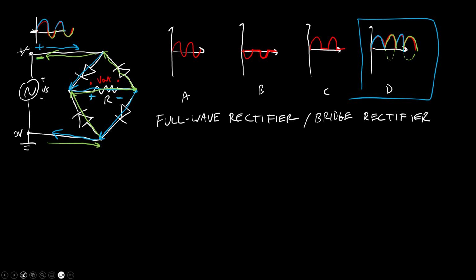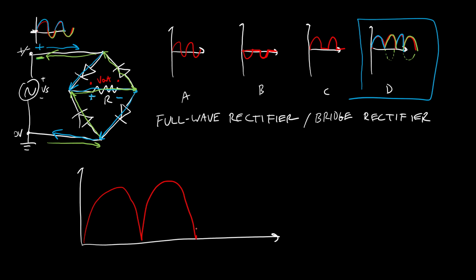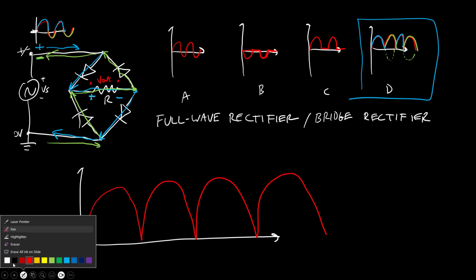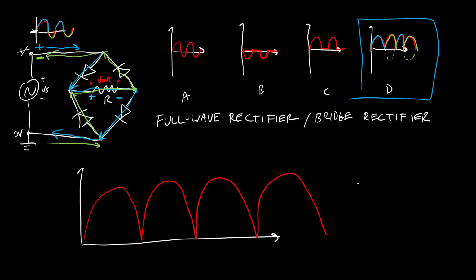We have turned everything positive, but we still haven't really made it constant. Ideally, if we want to get a constant DC voltage to do something like charge a battery or power a device that relies on DC, this is positive, but we don't want these really big swings. If you remember back from some earlier videos in this series, we looked at what happens if you drive an RC circuit with a square wave.